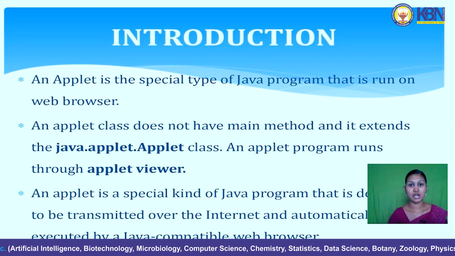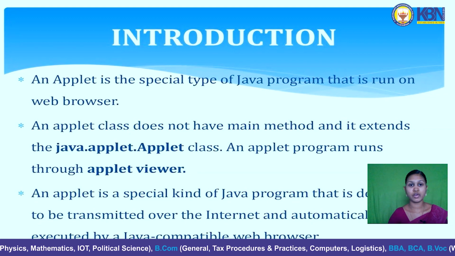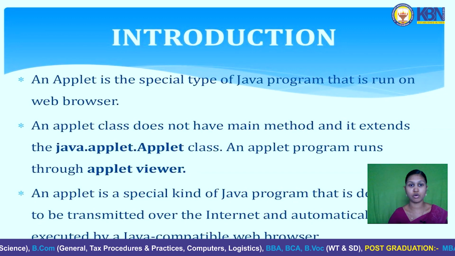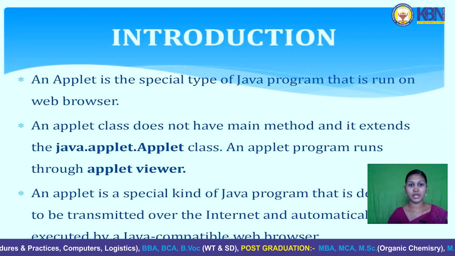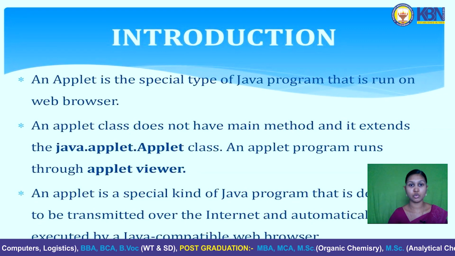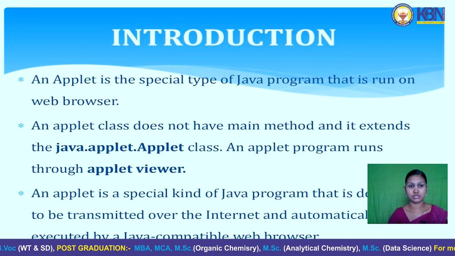An applet Java program you also have to compile, but the output will be displayed in the web browser. A basic Java program you compile and run, and the output is displayed in the command prompt only. Now the applet program's output is displayed in the web browser.